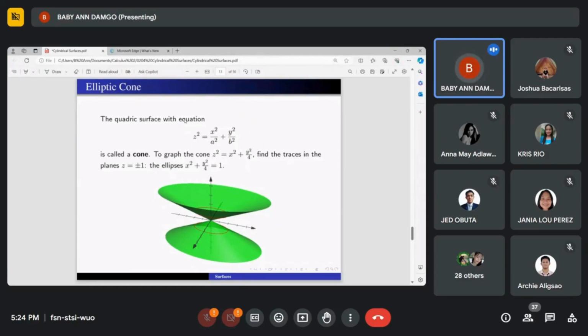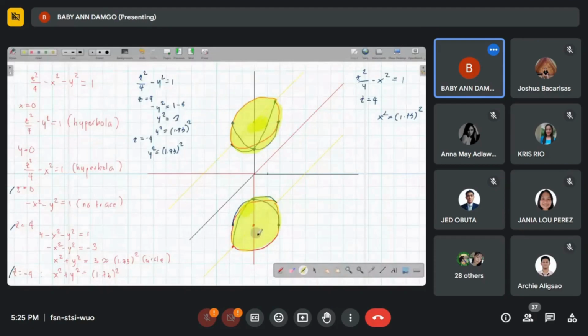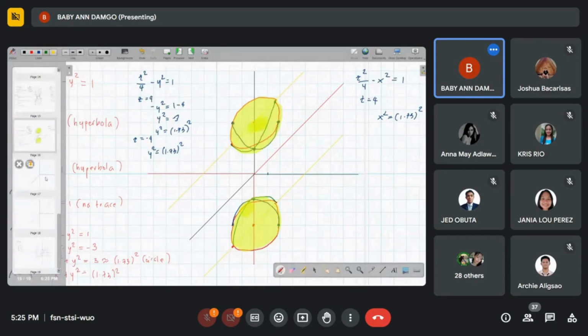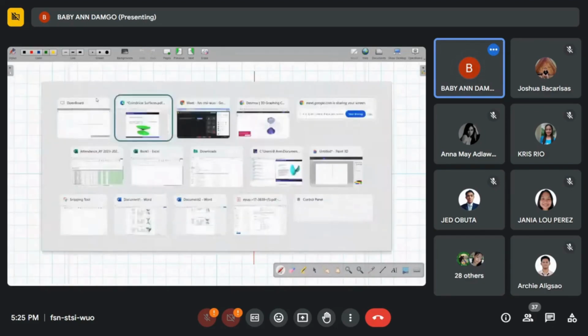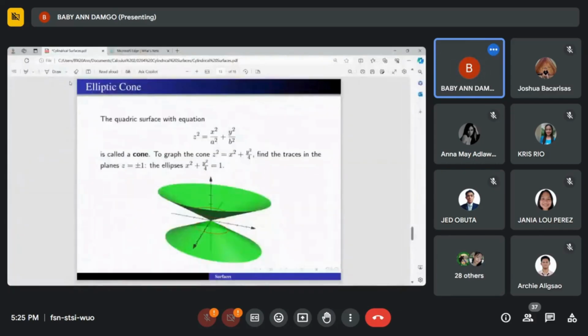It is called an elliptic cone because it forms an ellipse. For example, we have z squared is equal to x squared plus y squared over 4.